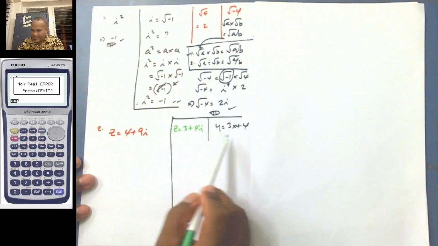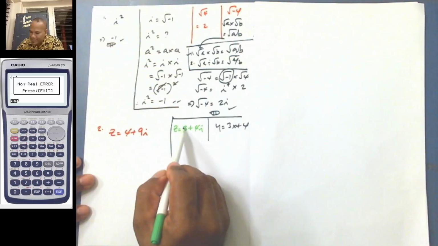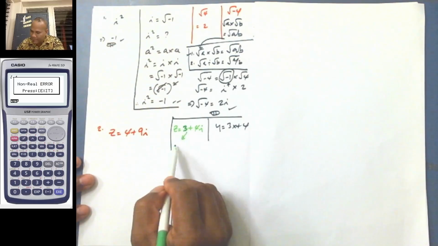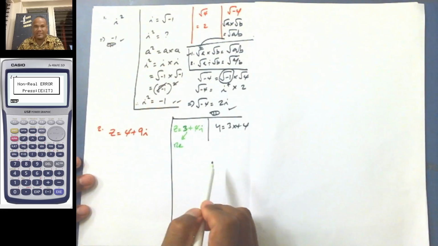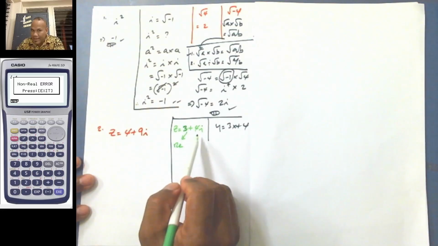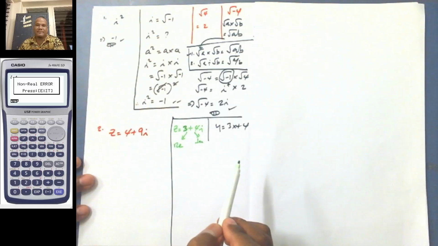Now, this remains the same. So in this case, whenever we see a value 3, a whole number, we call this value our real value. And a value that is associated with i, we call that an imaginary value.